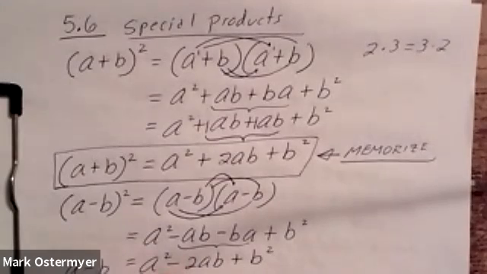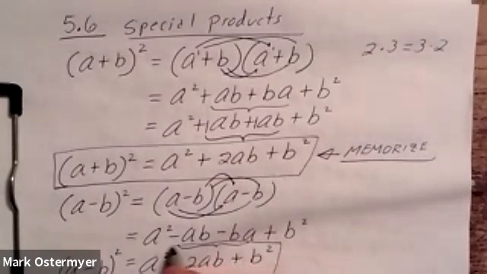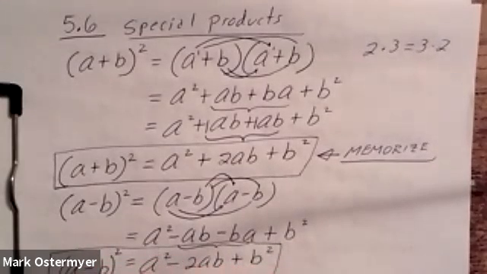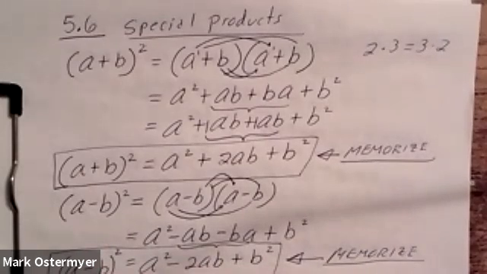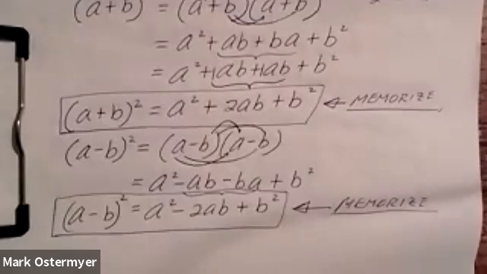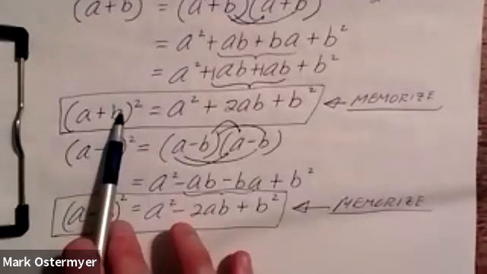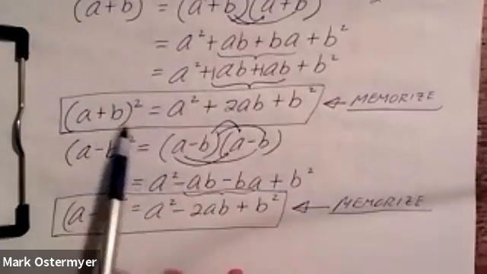And so there, ladies and gentlemen, when you square a binomial of the form a minus b, the square of that binomial is going to look like this. So this is also something that you want to memorize. So these are called special products here, the special products that are boxed in here.